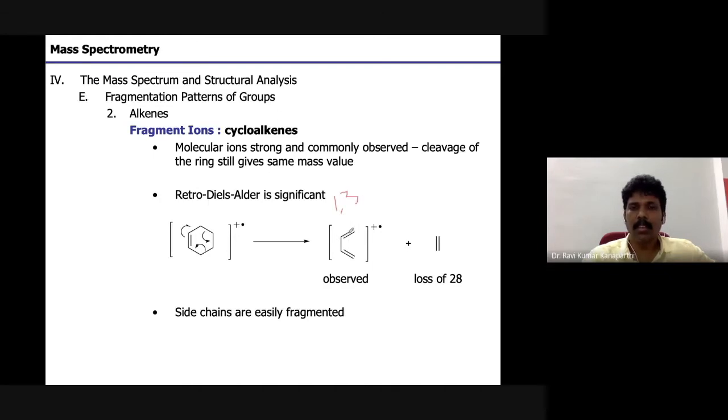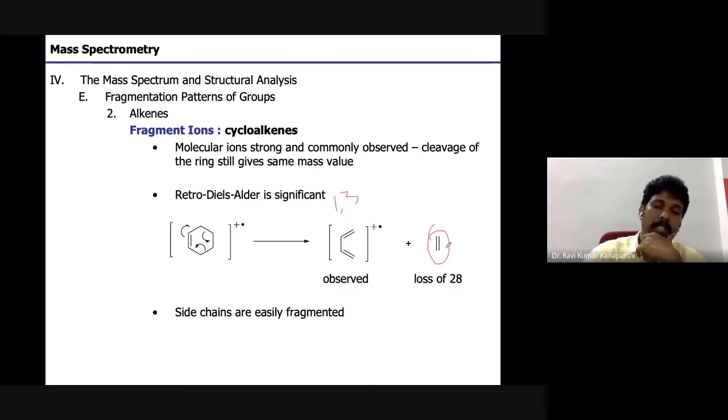1, 2, 3, 4. So a 1,3-butadiene structure, and this cycloalkene undergoes this type of rearrangement and gives this 1,3-butadiene molecular fragment ion, plus a loss of 28, which corresponds to CH2=CH2, ethylene.